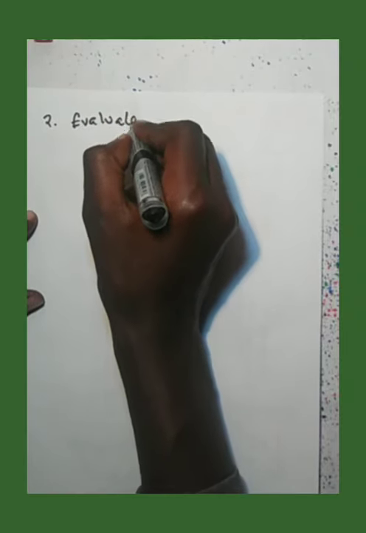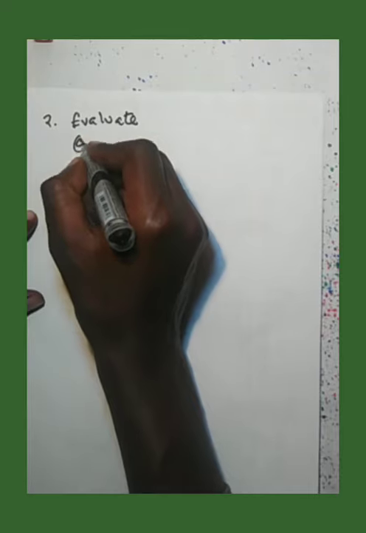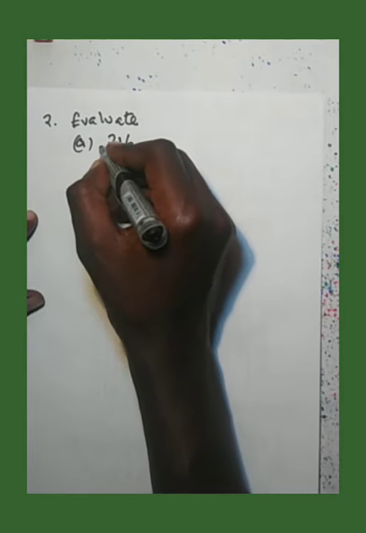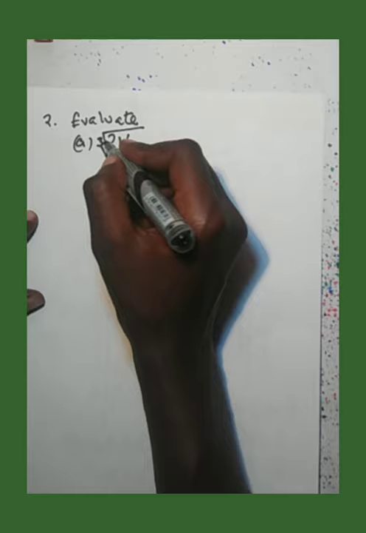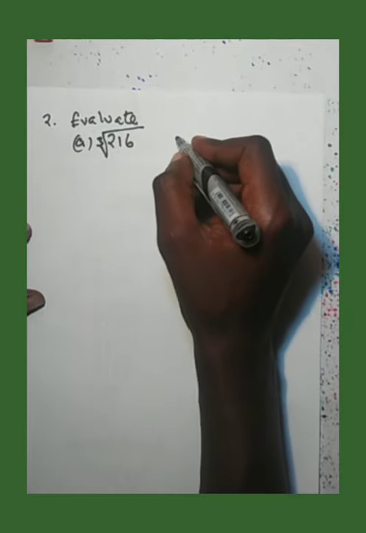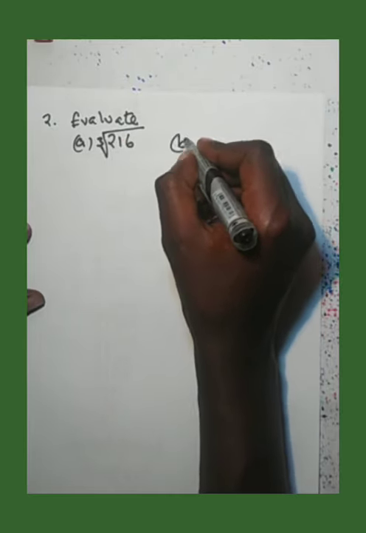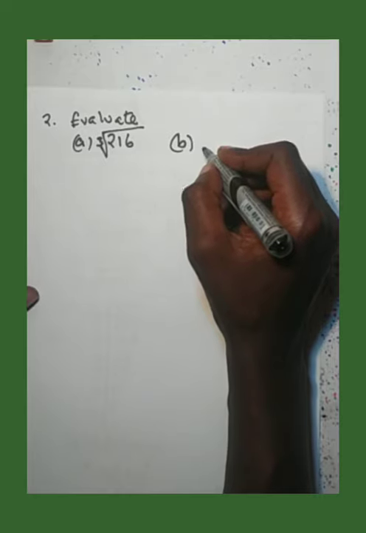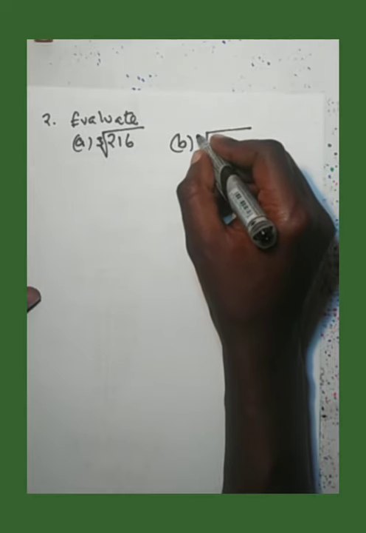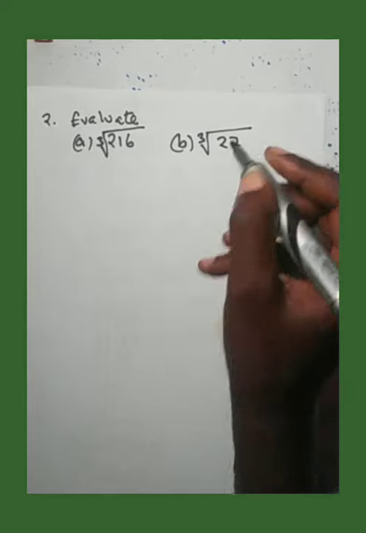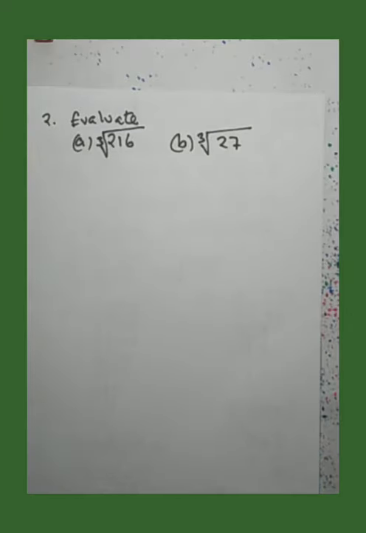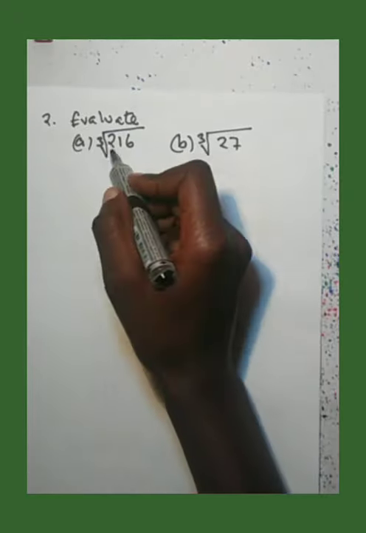Evaluate: A, the cube root of 216, and then B, evaluate the cube root, with a 3 there, of 27. Okay, so for cube roots, we are actually looking for a number that you can multiply by itself 3 times. You multiply it by itself 3 times to give you the number that we have here.